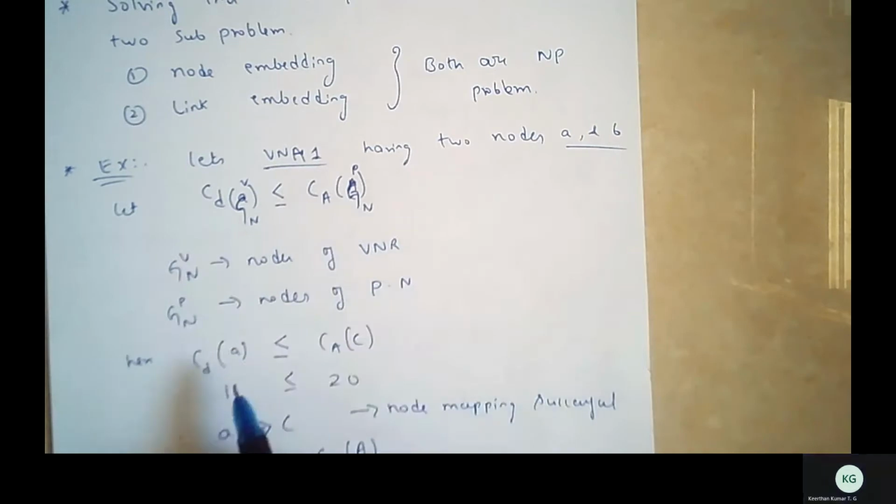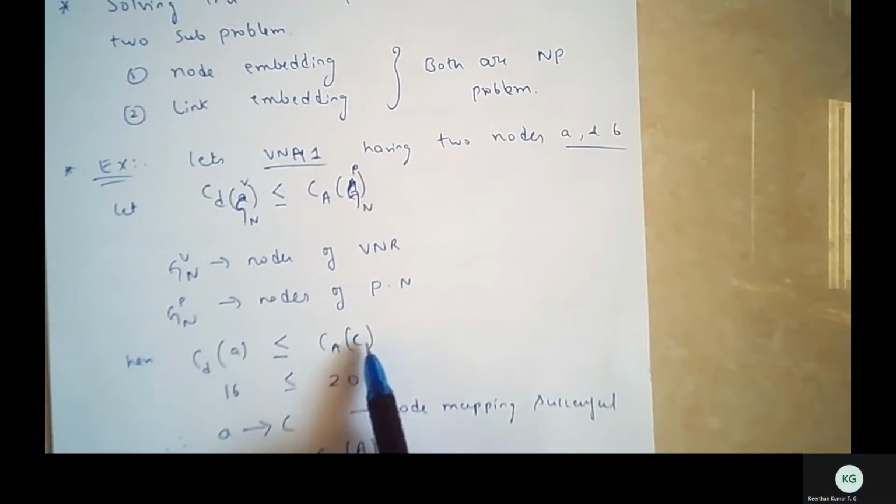Here small a, that is the VM, has a demand of 16 units for the CRB. It is less than the physical server's available capacity of 20 units for server C. The constraint is matched, so I will map A on top of C. So node mapping is successful.